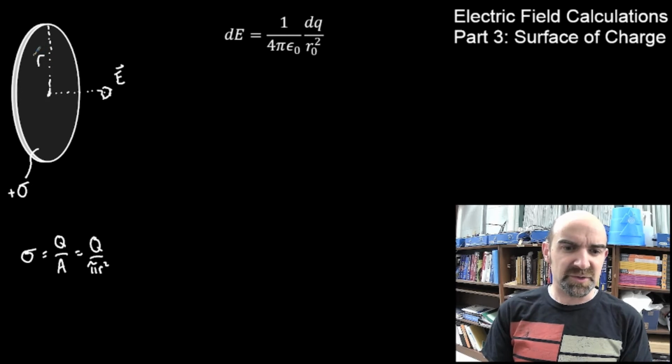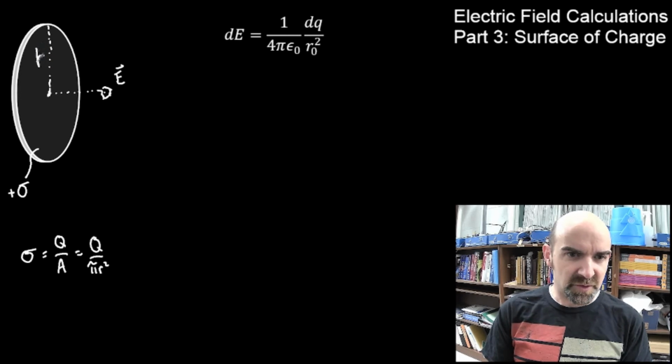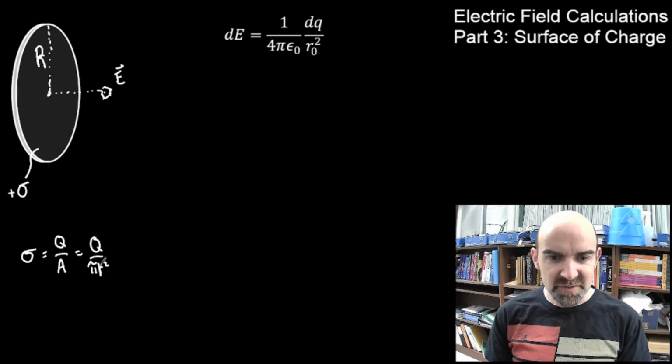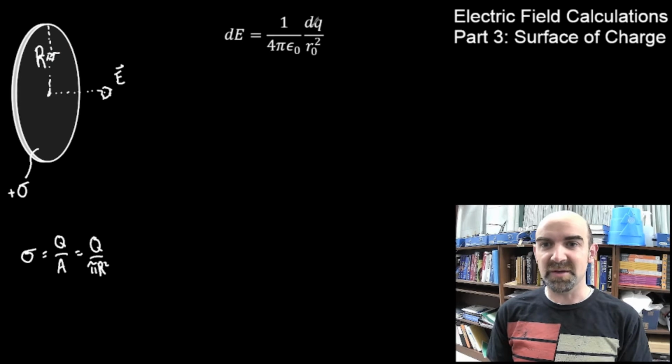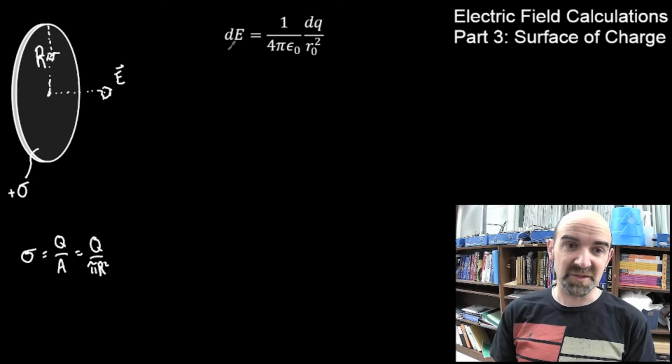I'm going to go ahead and change that, though, to a large R, meaning that the whole disk has a size big R, because in just a moment, we're going to start thinking about a little segment here, a little piece of this disk, and that's going to be our little piece of the overall charge dq. Okay, so when we think about that little dq, it is positioned a distance r away.